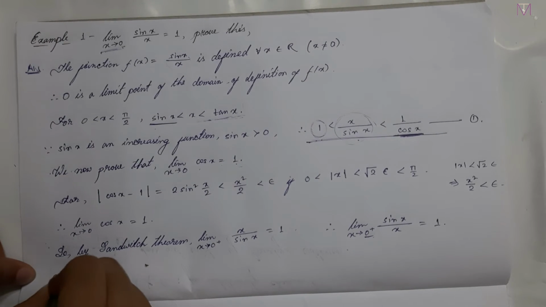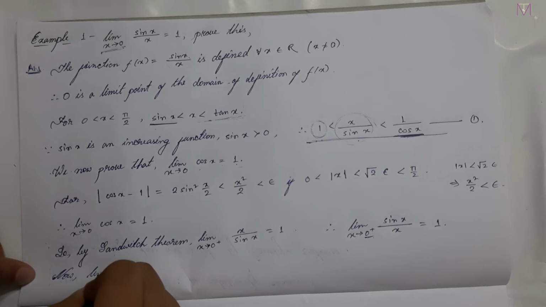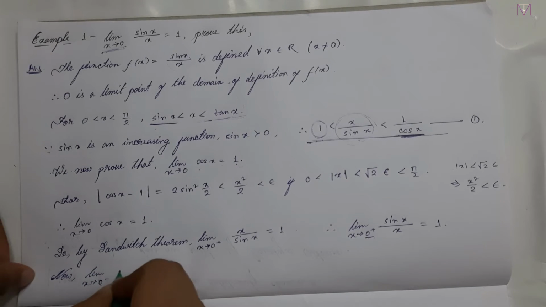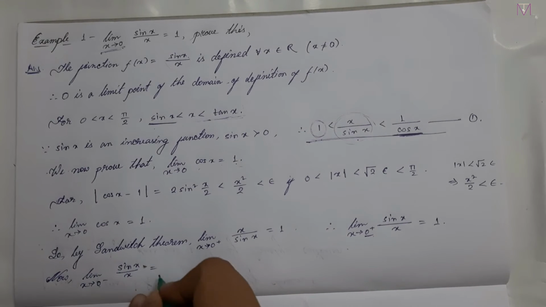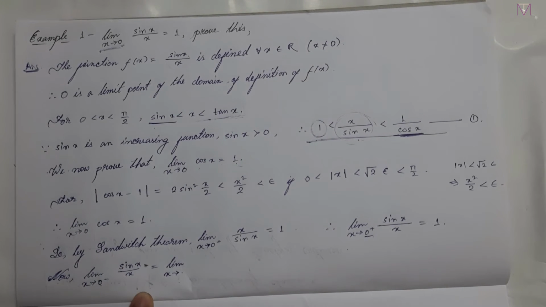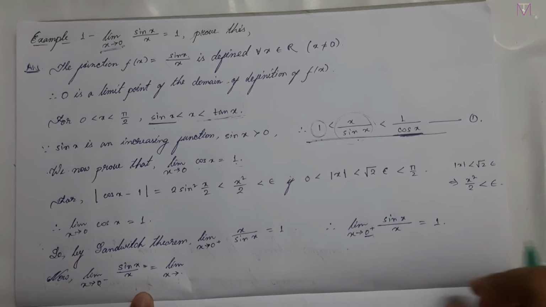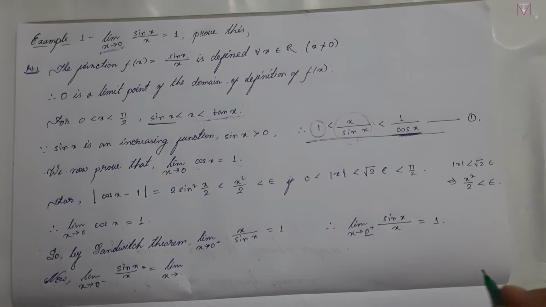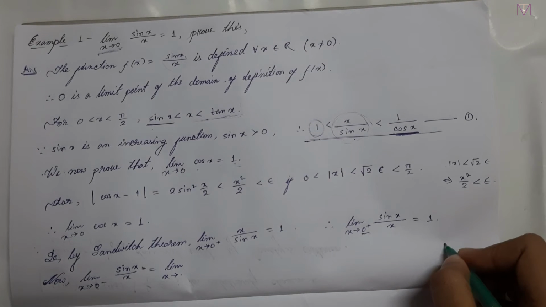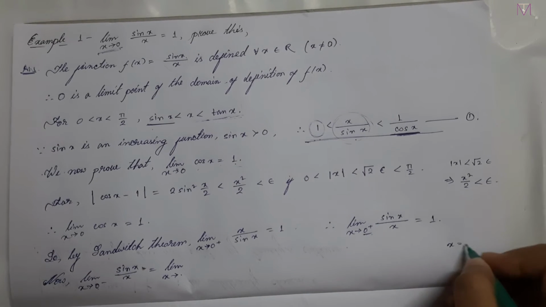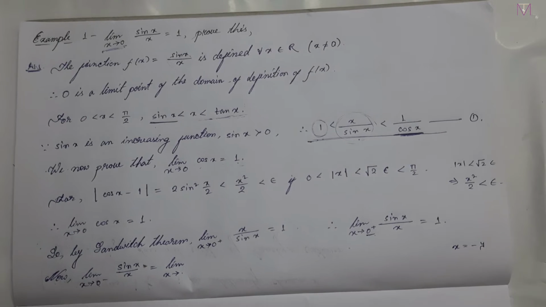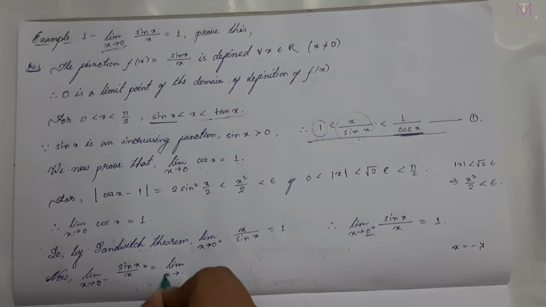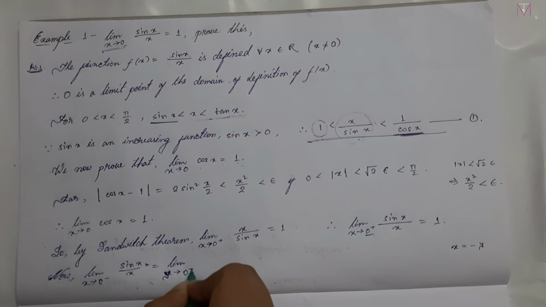Now limit x tends to 0 minus of sin x by x. If I replace this, x is equal to minus y, then what will happen? y tends to 0 plus.